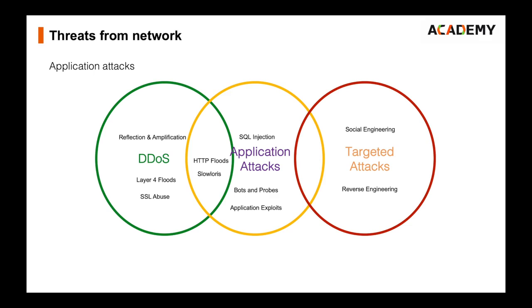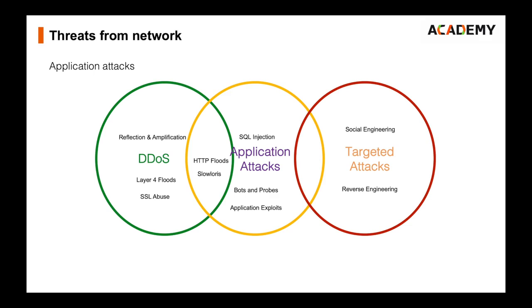So maybe calling your company to learn who works there and try to get people to give up access credentials by impersonating your IT department, or maybe a reverse engineering attack where the attacker has access to a copy of software that's running on your servers and is able to reverse engineer that software looking for flaws that they can exploit. Targeted attacks are the most expensive for the attacker, but they're also the hardest to defend against.